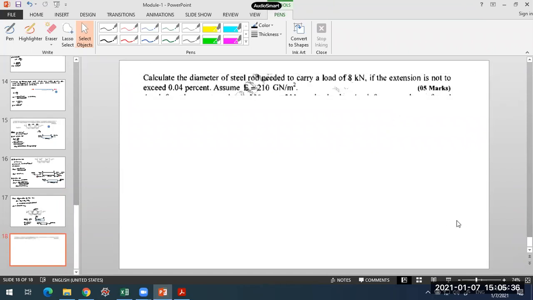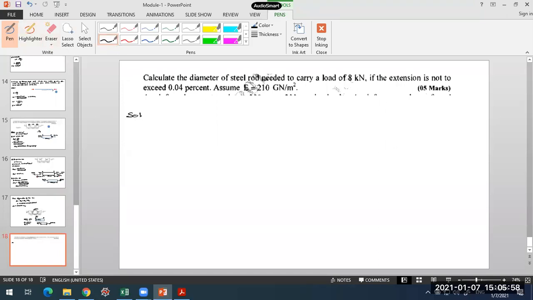Calculate the diameter of a steel rod which needs to carry a load of 8 kilonewton. If the extension is not to exceed 0.04%, assume E is 210 giganewton per meter square.